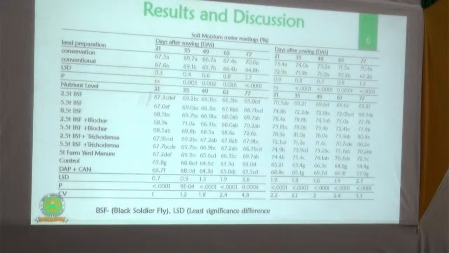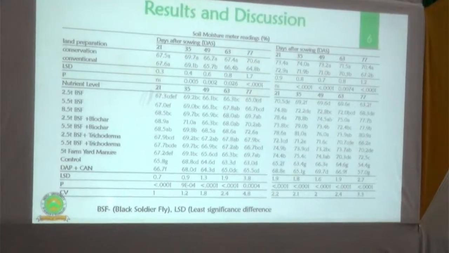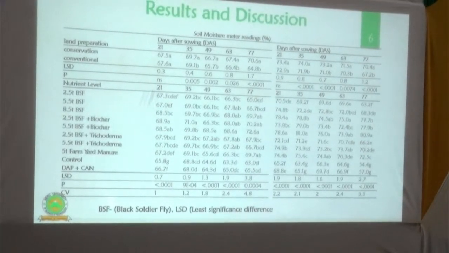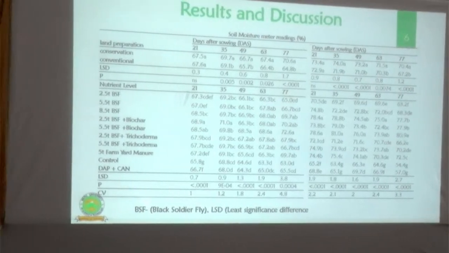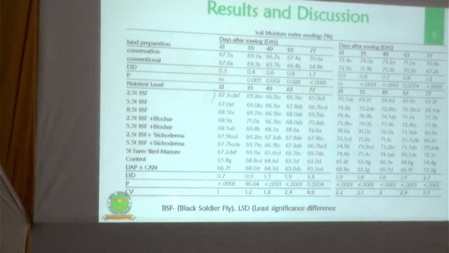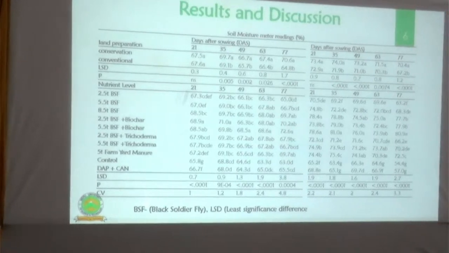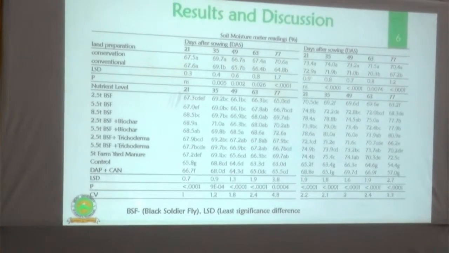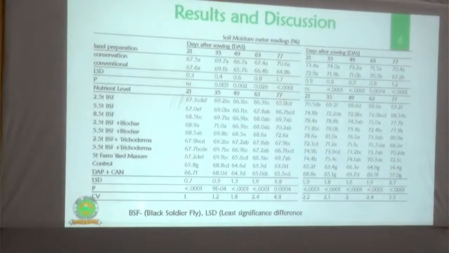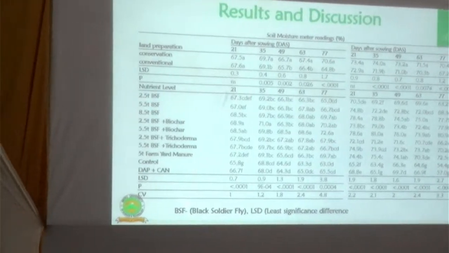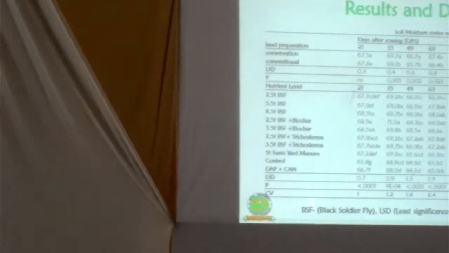This is due to reduced runoff and increased water infiltration and exposure to sun for evaporation. Because as you can see, the conventional recorded the lowest as compared to the conservational.